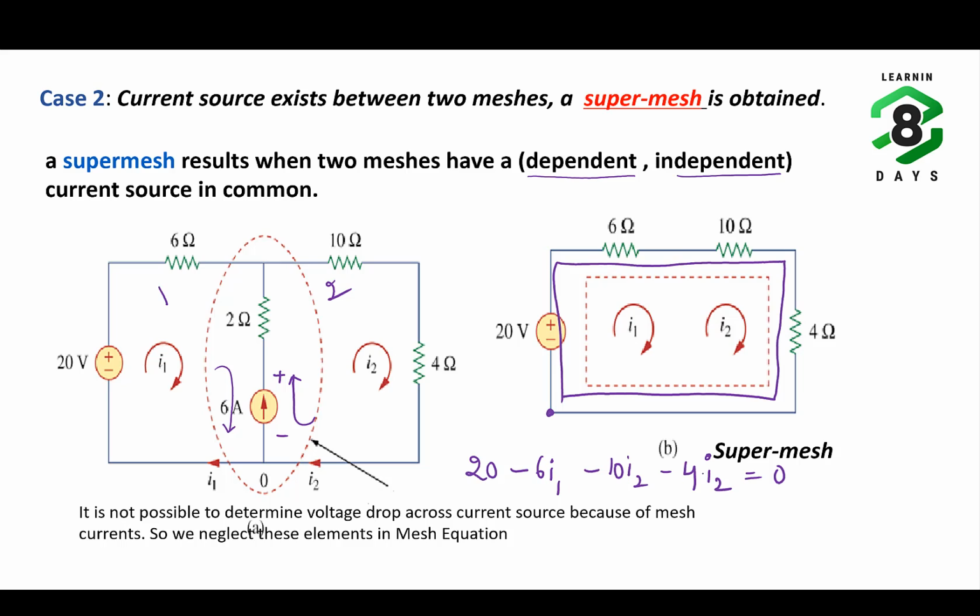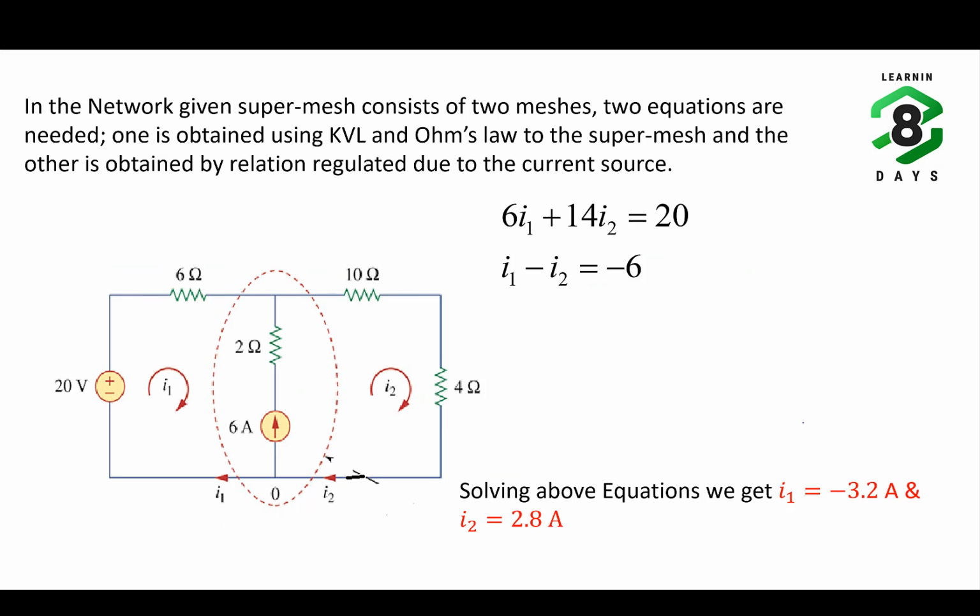If you simplify this equation, you are going to get how much? 6 I1 plus 14 I2 is equal to 20. And there is one more relationship here which you can easily obtain. Now the current flowing in this path is I1, the current flowing in this path is I2.